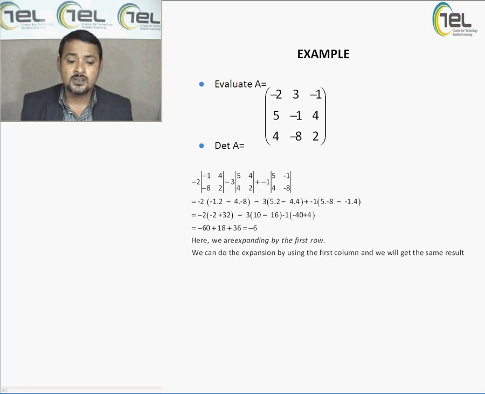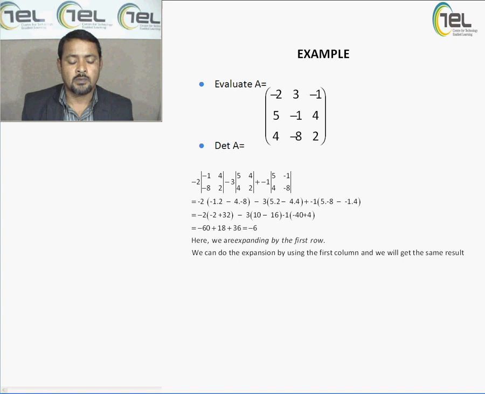Now we have to expand: -2 into (-1 into 2 minus 4 into -8), minus 3 under the bracket (5 into 2 minus 4 into 4), plus -1 into (5 into -8 minus -1 into 4). So 2 into... inside the bracket, -2 plus 32, because -4 into -8 is 32, minus 3 into 10 minus 16, then -1 into -40 plus 4, -1 into -1 is plus 4.